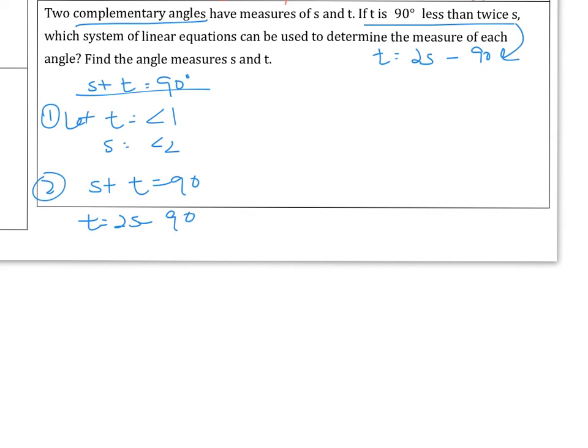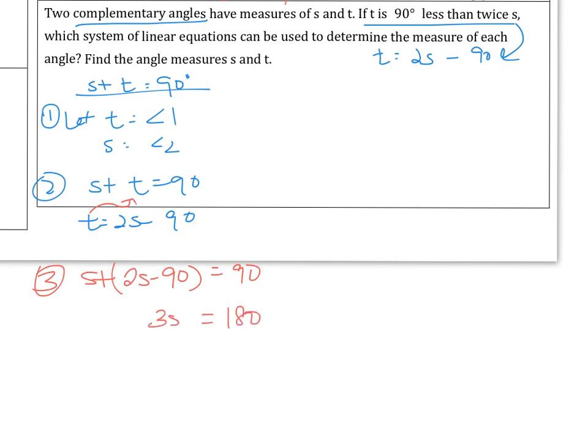Again, I'm going to use the substitution method and sub 2S minus 90 in for T in the first equation to solve. So S plus 2S minus 90. I'm going to put parentheses around this to show you that I have substituted 2S minus 90 in for T in the first equation. And then we can go ahead and solve for S now.